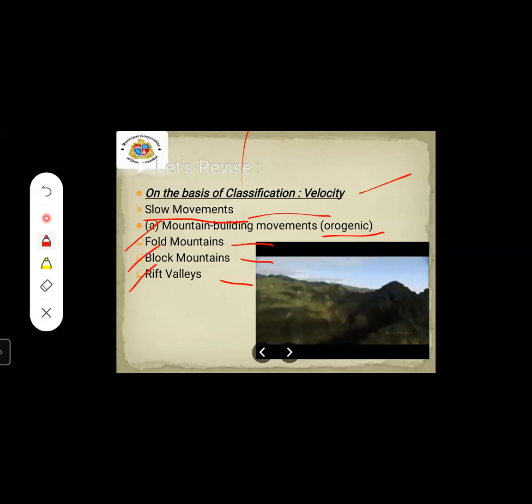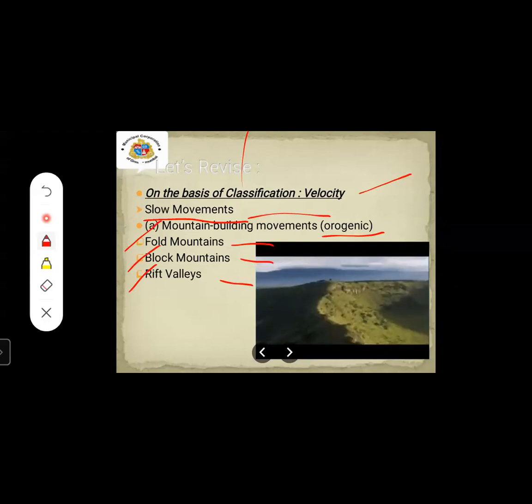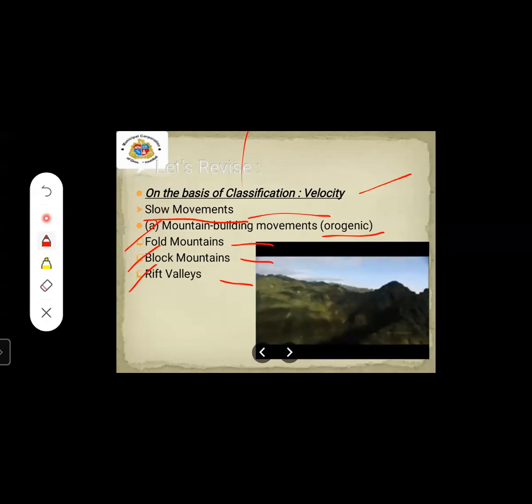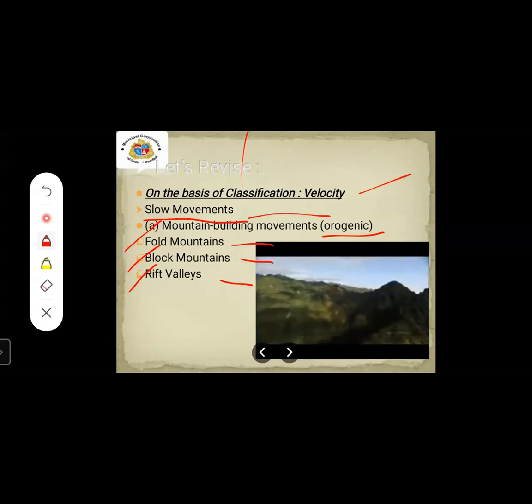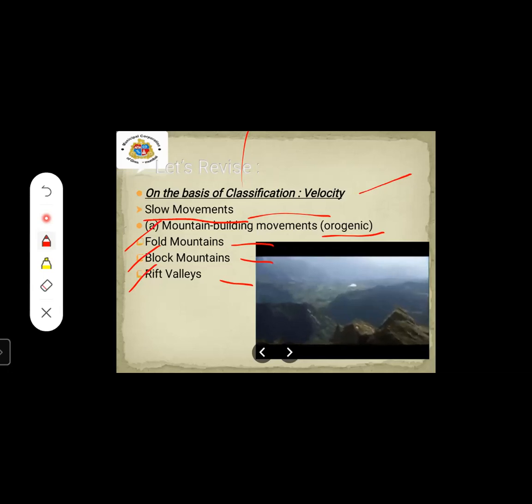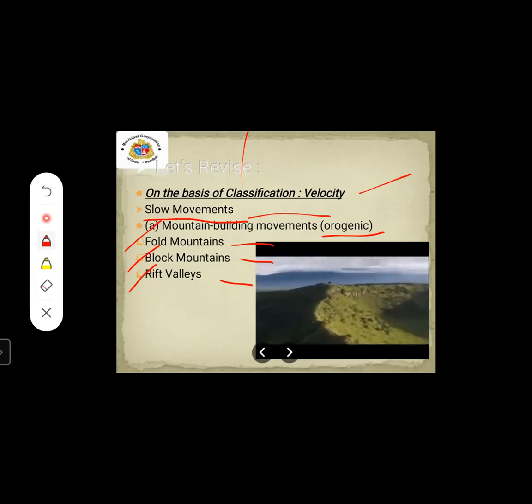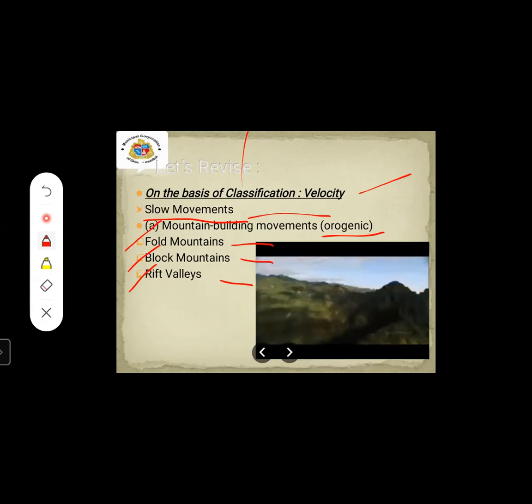Fold mountains occur when the waves move towards each other. And block mountains form when horizontal waves are moving away from each other.